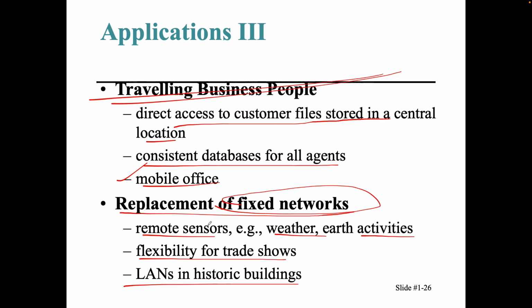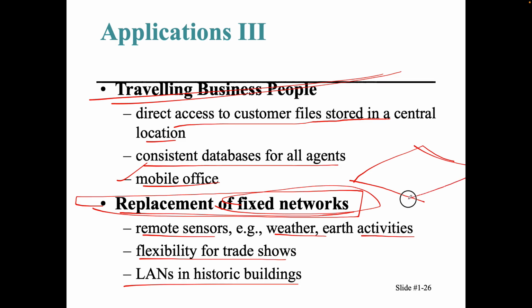So replacement of fixed network is basically, let's say you are setting up an event where you require a certain network so that your machines can operate. Laying out cables might not be the most time efficient or even budget friendly option, right?